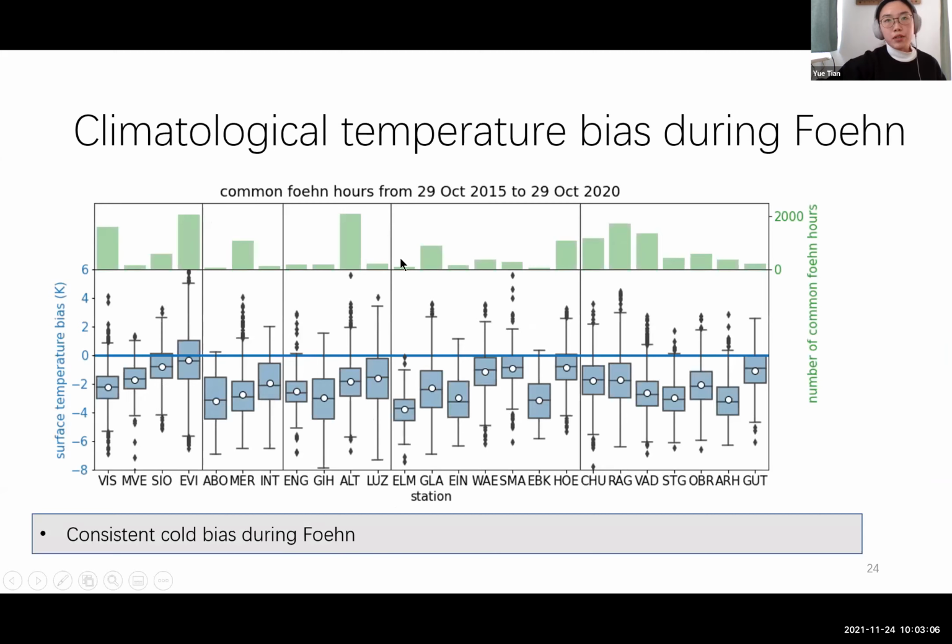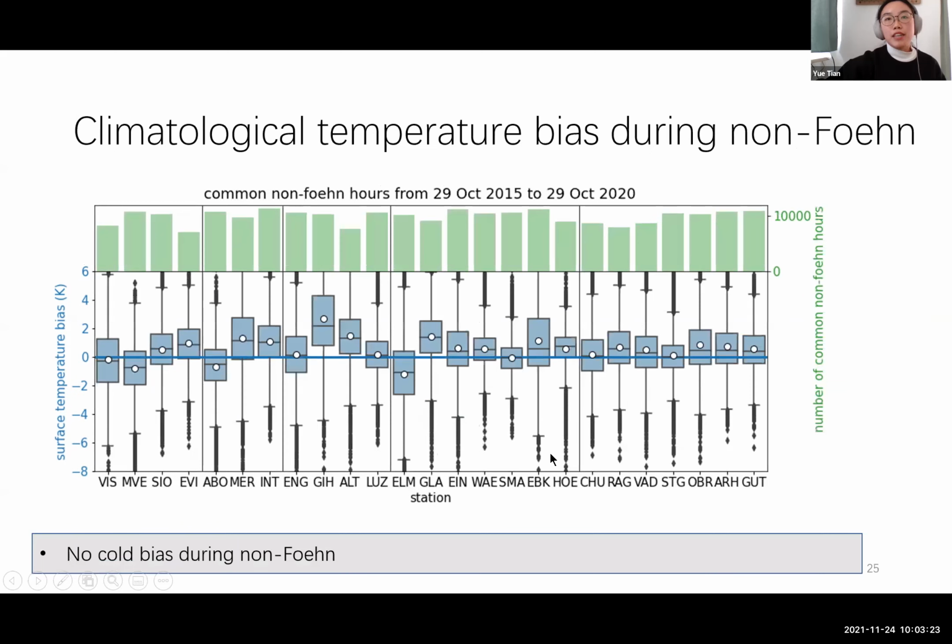And if you calculate the bias in temperature over this 5-year period during common foehn hours, you can see the cold bias again. But during non-foehn hours, we don't see a cold bias. So we can say that this cold bias is quite something special during foehn events.